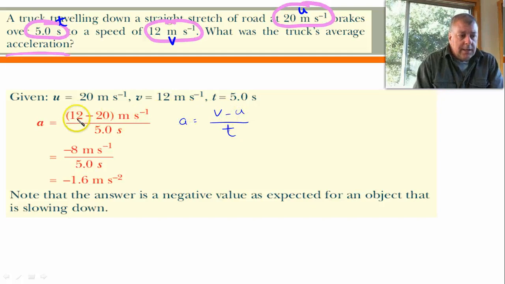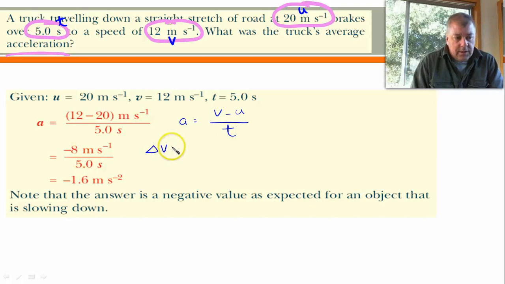Notice here that they've assigned each of the characteristics to the letter, as we've done up here. When you do 12 minus 20, you get minus 8 as the change in velocity. Delta v equals minus 8 meters per second, and that's just saying that it's slowed down.